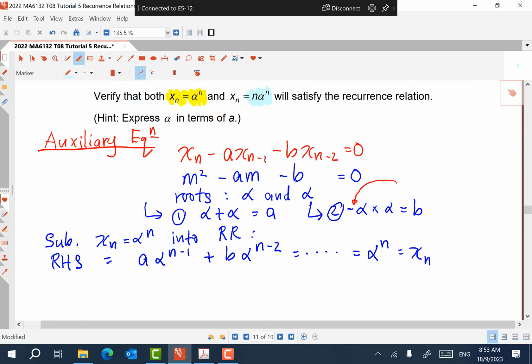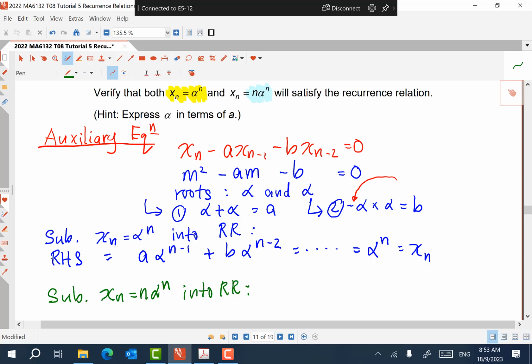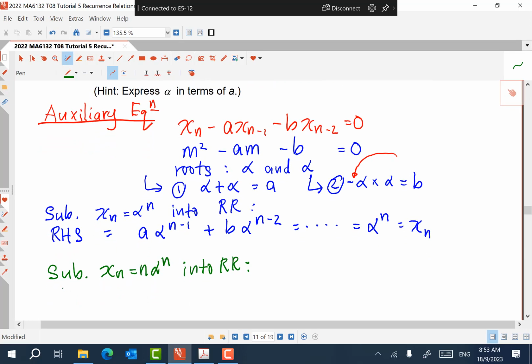Okay, what I meant is, now you substitute into the right hand side again.